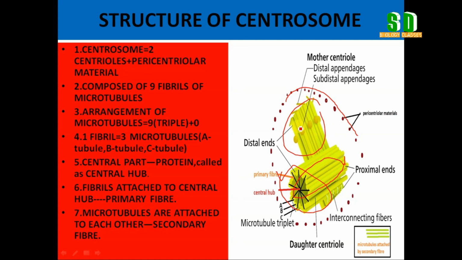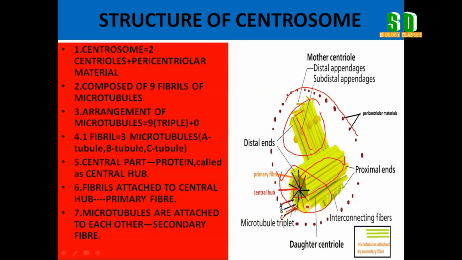See, these are the 9 fibrils, and each fibril is composed of 3 microtubules. That means there are 9 fibrils and each fibril is made up of a bunch of 3 microtubules, and those microtubules are called microtubule A, microtubule B and microtubule C.